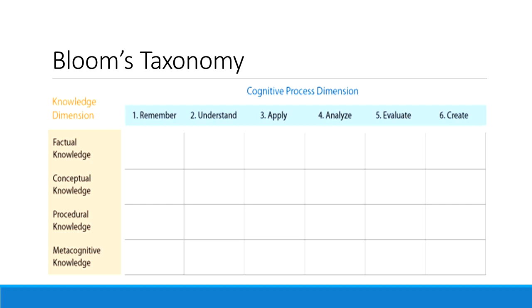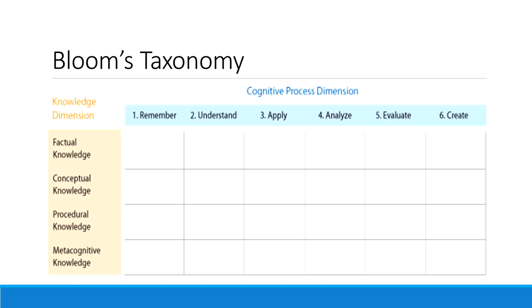But looking down the left-hand side, now they've also given you a knowledge dimension. So is it factual knowledge? Is it just basic understanding of something? It's factual. Or is it conceptual knowledge, that they understand the principles and the theories, they understand the concept?